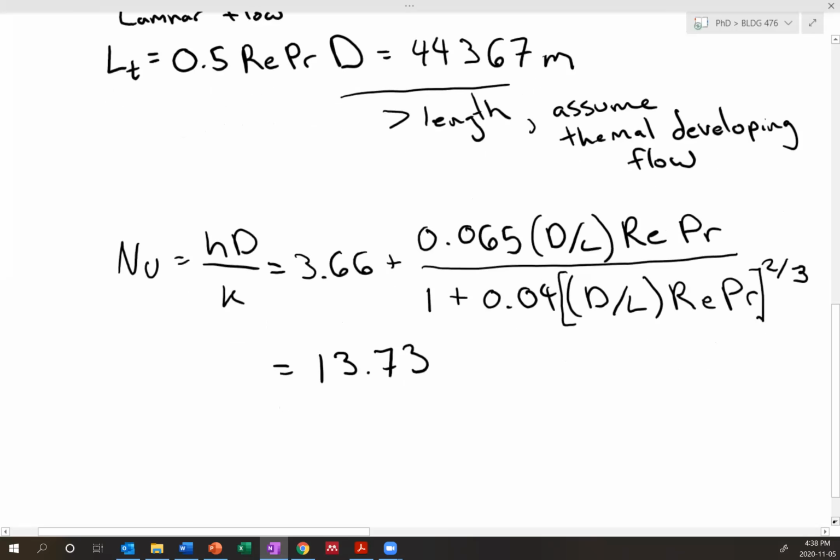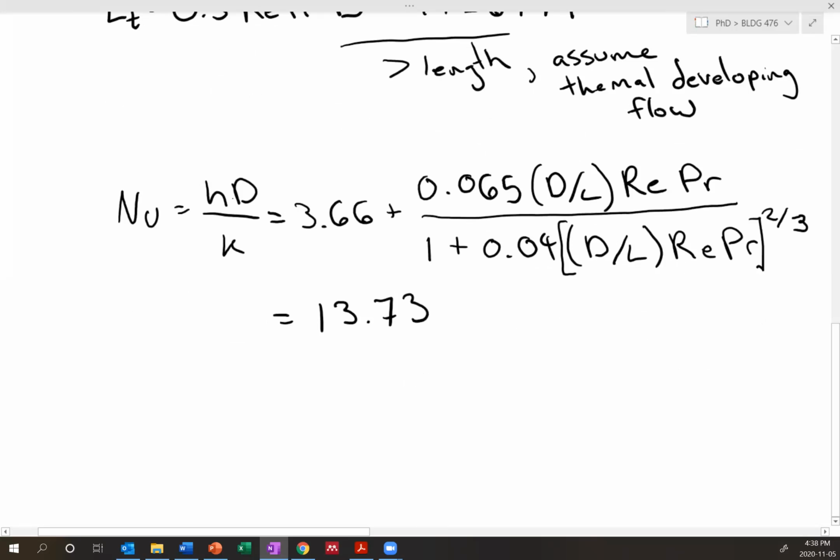So our Nusselt's number is our correlation to our average heat transfer coefficient. So that gives us our h.